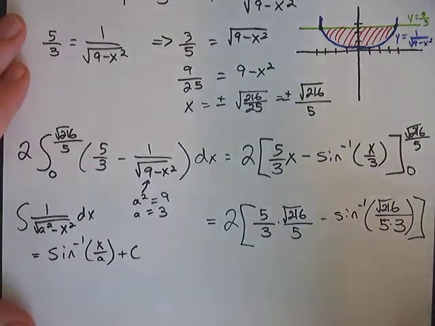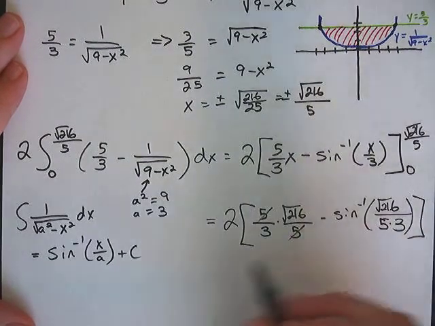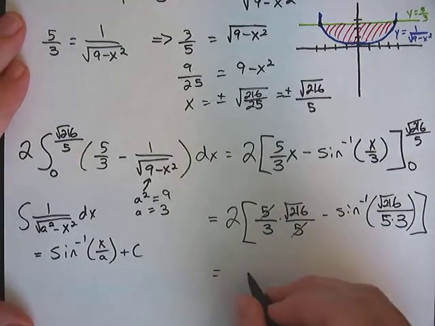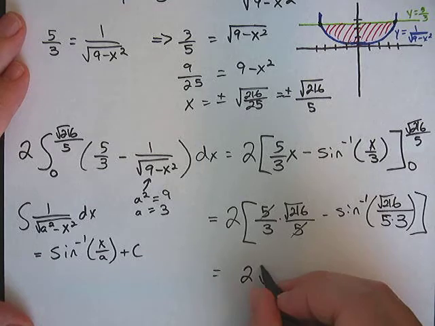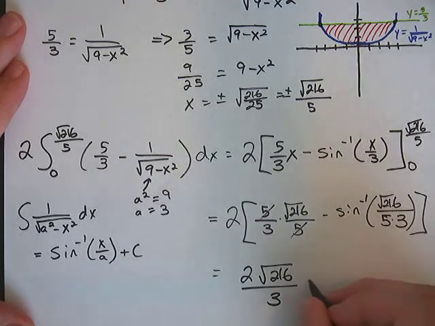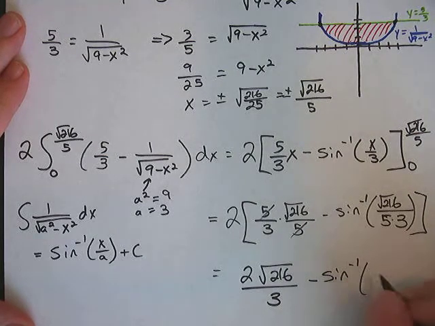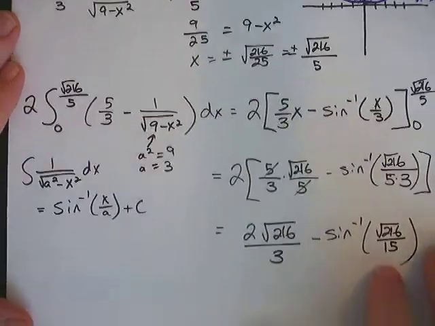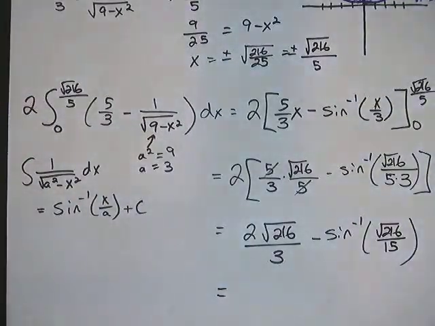This one, of course, we can just cancel out. So we get 2 times the square root of 216 over 3 minus sine inverse of the square root of 216 over 15. If you want a more specific answer than that, you'll have to go to your calculator. So let's go ahead and do that.